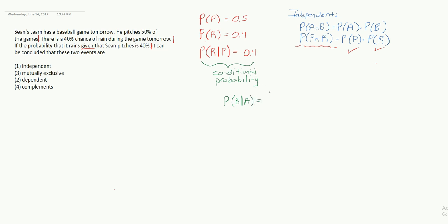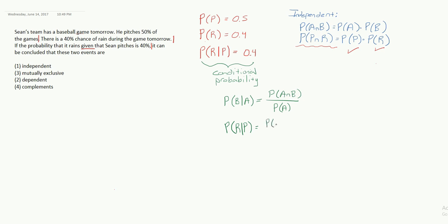It's equal to the probability of A union B over the probability of A. And at this point, all you have to really do is pay very close attention to the order of things. I'm going to go ahead and write this out one more time like this. Instead of B, I'm putting R, and instead of A, I'm putting P, so that it lines up with the variables I've already listed.